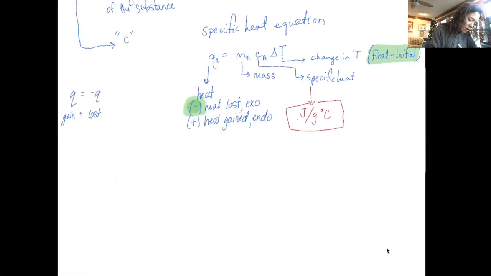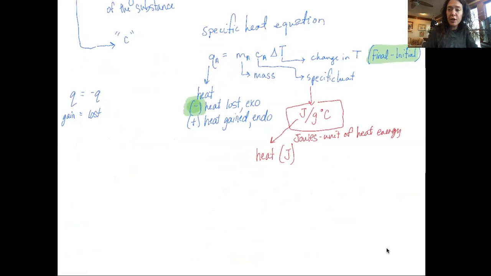So this is literally the heat, joules, right? Joules is our unit of heat energy, okay? If you don't know that, joules, unit of heat energy. It's a unit of energy. For us, it's heat, all right? And then grams is our mass, degrees Celsius.